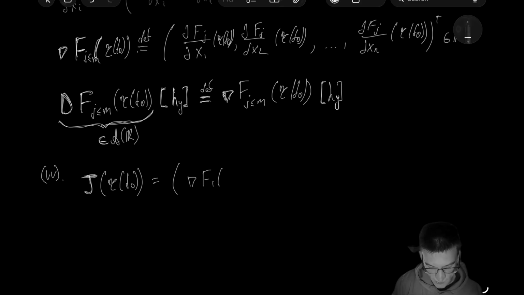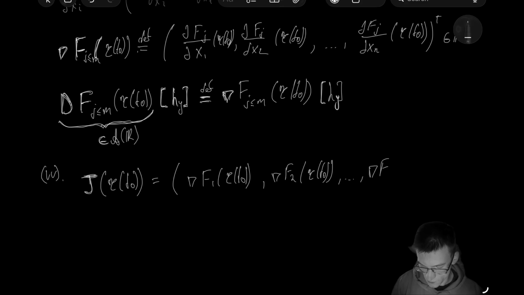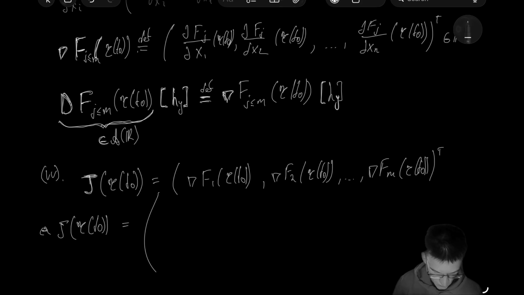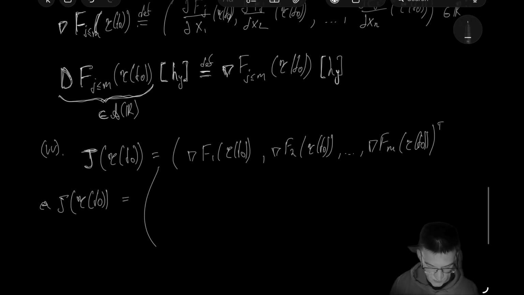The operator nabla of f1 at the specific point, then operator nabla of f2 at the specific point, and then until the gradient vector of fm at the specific gamma(t0) vector, which should be transposed, right? Which is equivalent to saying that our Jacobian matrix equals the following representation.